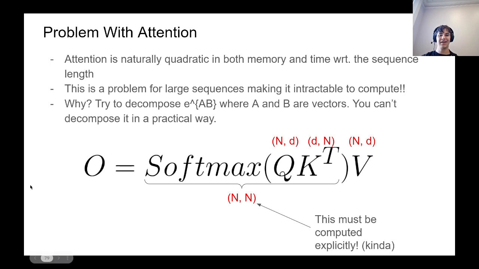Softmax(QK^T)V requires you to compute this matrix explicitly. You basically have to do QK transpose, and then softmax, and then V. There is not really a way to get around that.